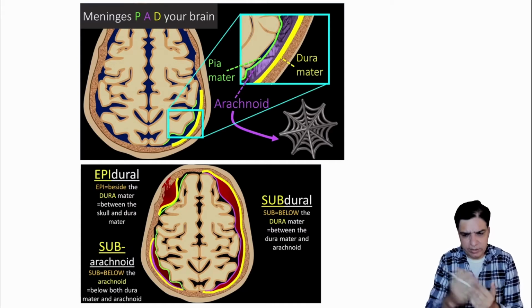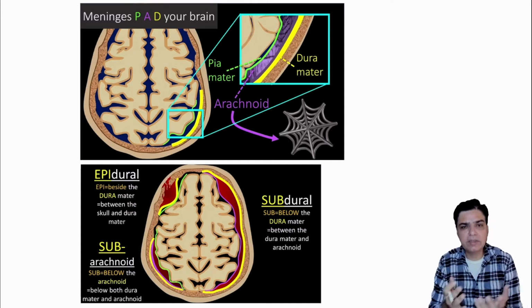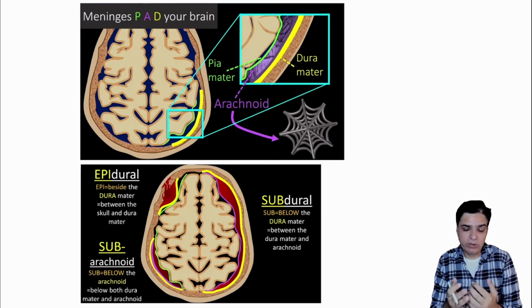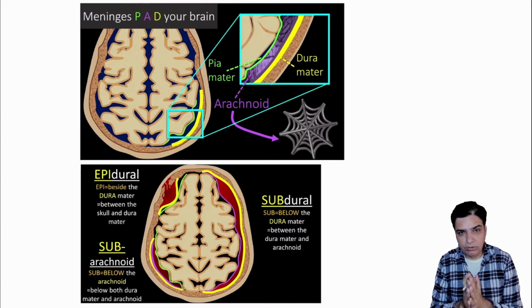It's within the cranial vault, but it's outside of the dura, so it is on top of the brain. This type of bleed is usually caused by trauma, especially when it is associated with skull fractures. So that's one of the reasons why we do a CT scan in trauma to the brain.